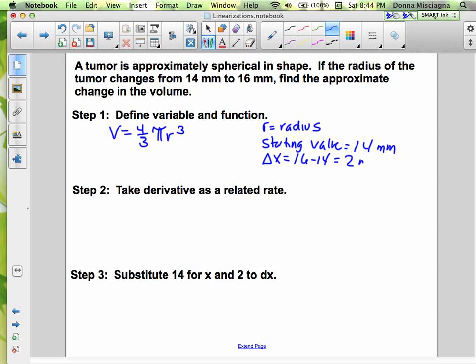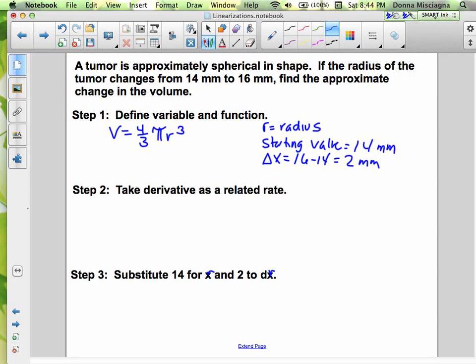That's going to be 2 millimeters. So that's our change in x. We're going to plug that in for, this should say dr. I have a tendency to keep writing dx. And this should be r, but you know what I mean. Now we've defined the equation that would represent a spherical tumor.